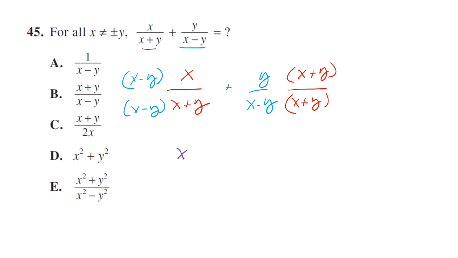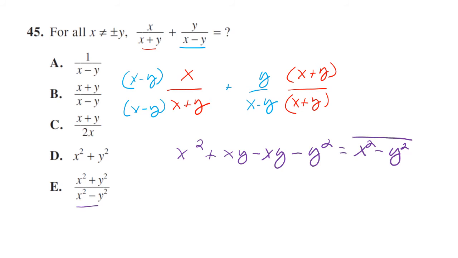We get x squared plus xy minus xy minus y squared, which equals x squared minus y squared on each one, over, actually, that would give us our answer now. We see that in choice E, but let's go ahead and calculate it out.